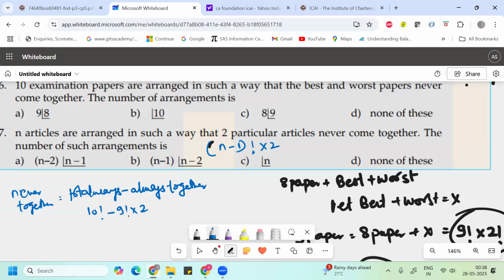Here you can write 10 factorial as 10 into 9 factorial, minus 9 factorial into 2. If you take 9 factorial common, you will get 10 minus 2. So the answer would be 9 factorial into 8, option C. Option C would be your answer. Clear everyone?